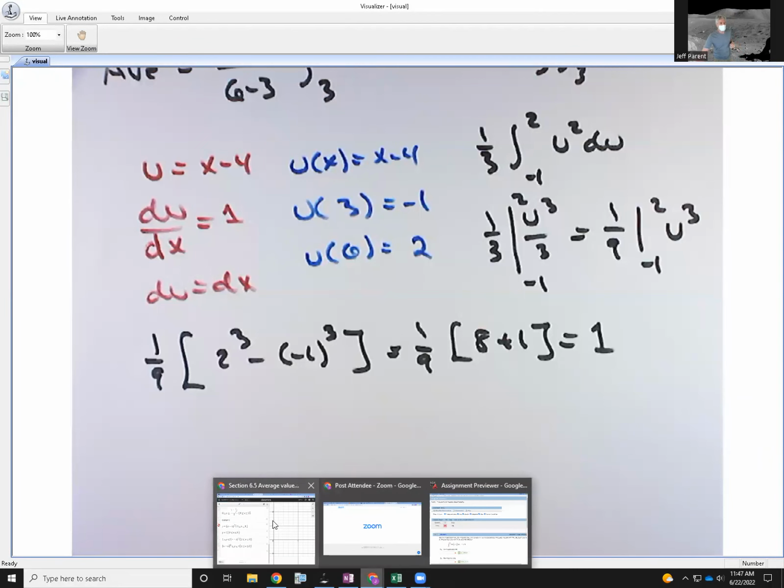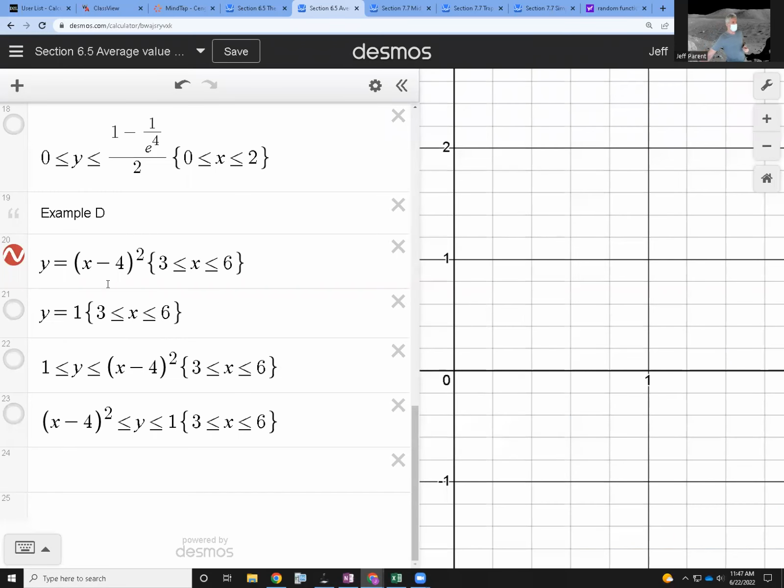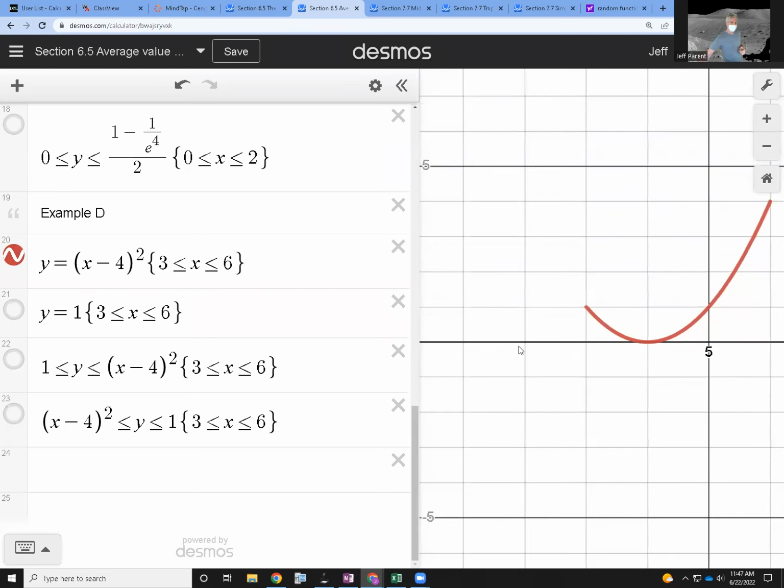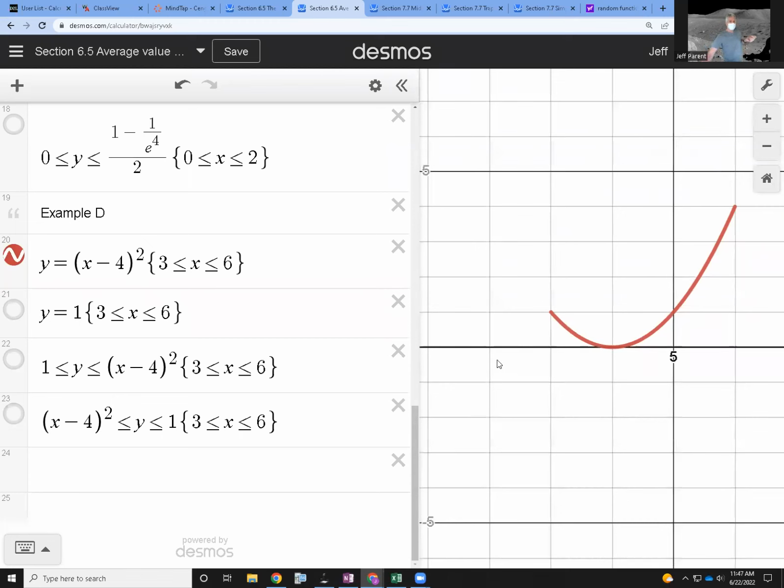So if we look at the graph, then here's our graph. Let me zoom out a little bit so we can see it. There we go. The average value is 1, which looks a little strange.